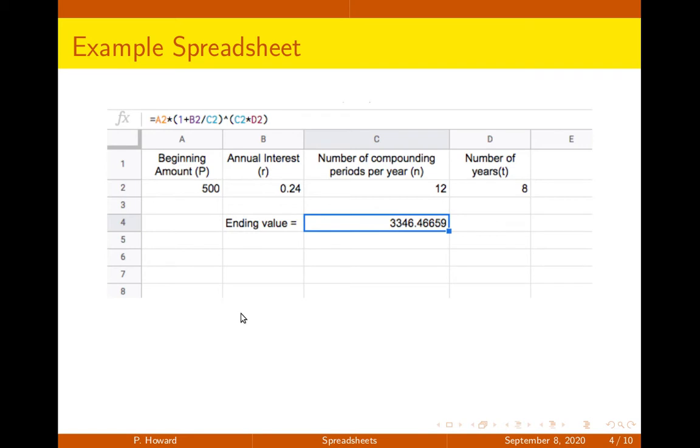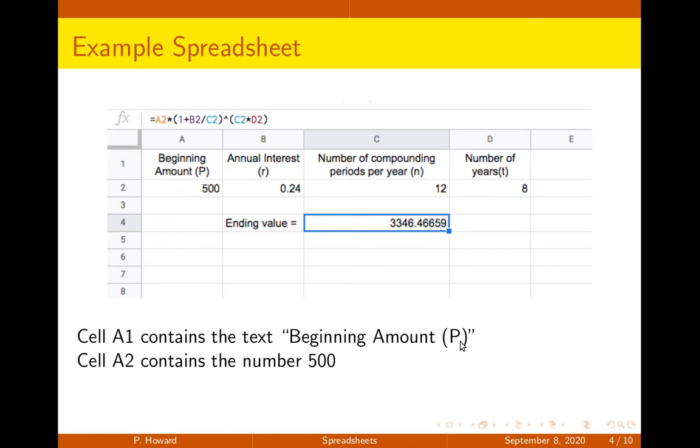And we see in this spreadsheet, for example, that cell A1 contains some text. The text beginning amount, left parenthesis, P, right parenthesis. Another example, the cell A2, right here, contains the number 500.